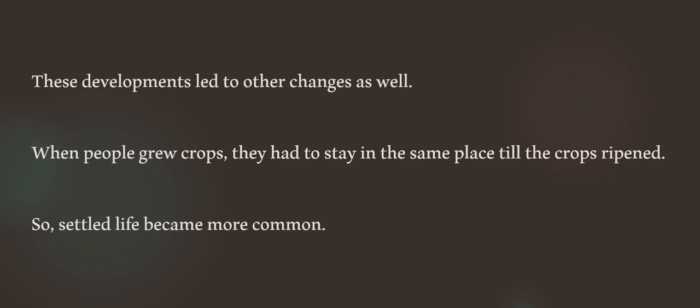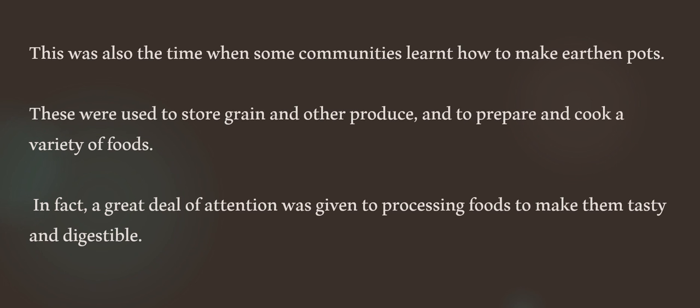Whenever they started settling in one particular place, most probably they started depending on agriculture. Some communities, whether or not completely depending on agriculture, started making pots. These pots in the initial period were used to store grains or to prepare food, and they gave great attention to processed foods to make them tasty and easily digestible.